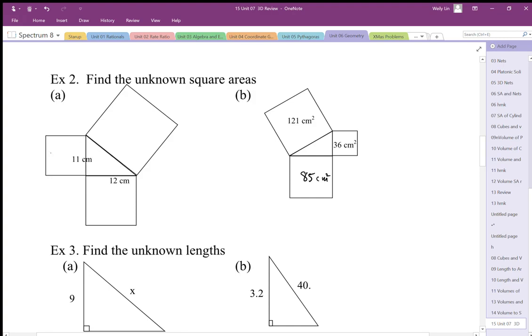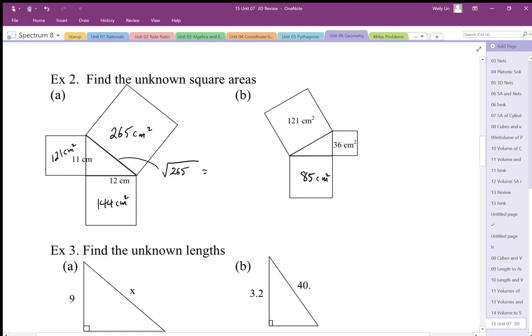However, this square area, 121 centimeters squared, and this square area, 104 centimeters squared, these squares add up to the big square, which ends up being 265 centimeters squared. Okay? I can then work out the unknown side length. I have an area; to get the side length I square root.